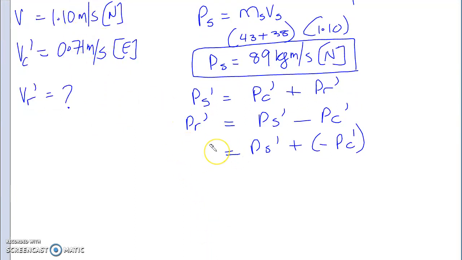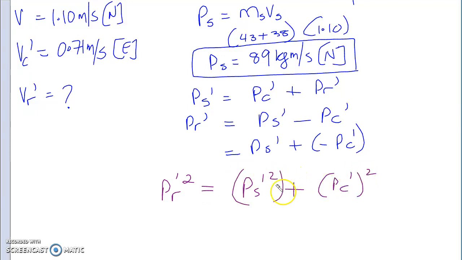And the next thing that we're going to do is take a look at the raft. So PR prime squared equals PS prime squared plus PC prime squared. This was given to me already, so this was 89 squared.